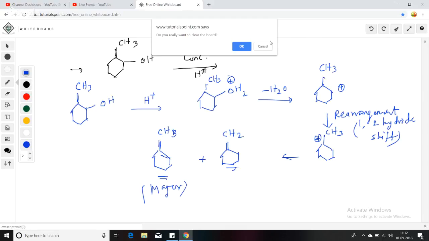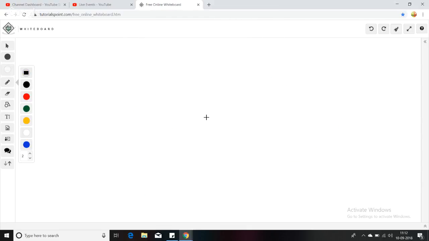One more important point in this, write down the conjugation. The better the conjugation, the better the dehydration. Some questions ask in which of these molecules dehydration is easier.